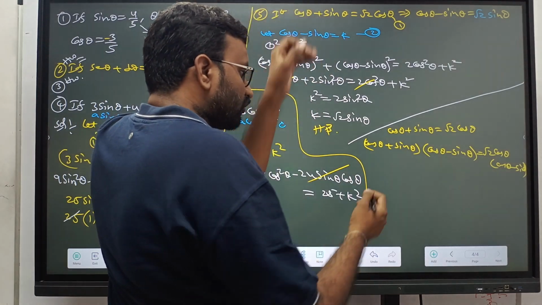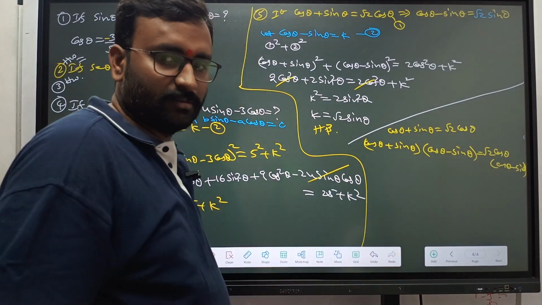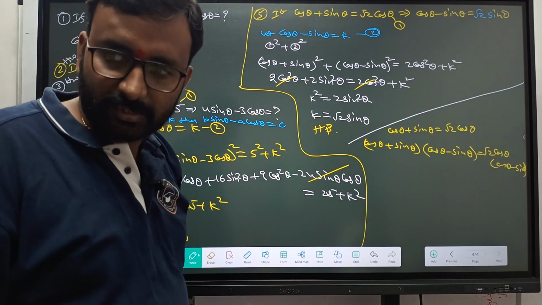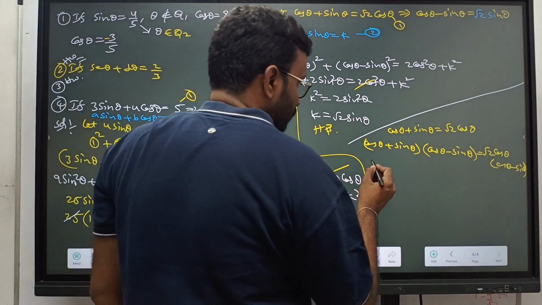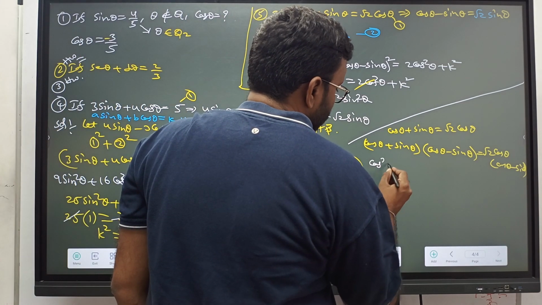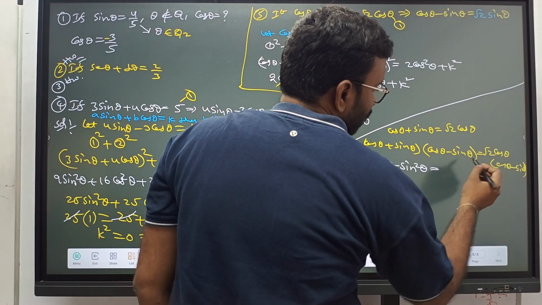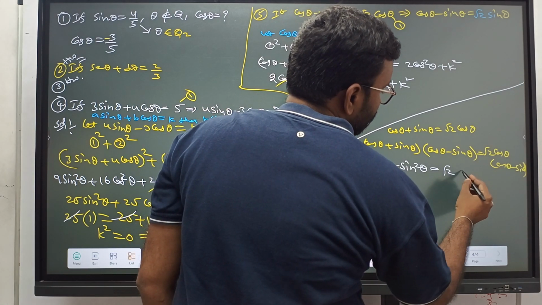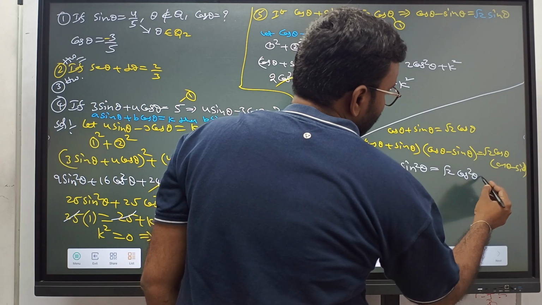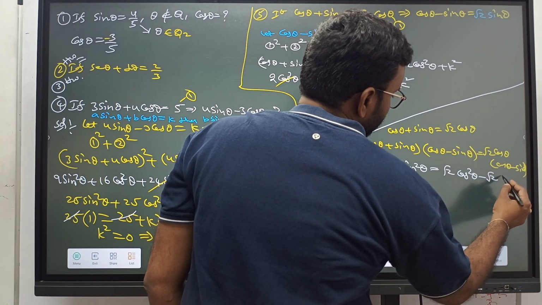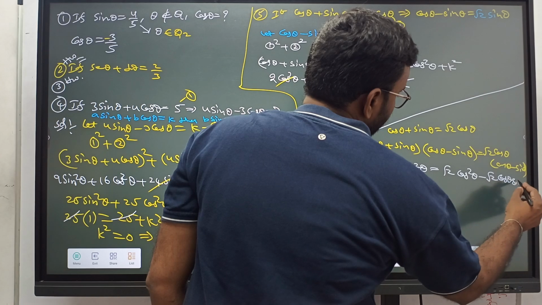Now a plus b into a minus b is a square minus b square. So cos square theta minus sin square theta is equal to root 2 cos theta into cos theta, root 2 cos square theta, minus root 2 cos theta sin theta.